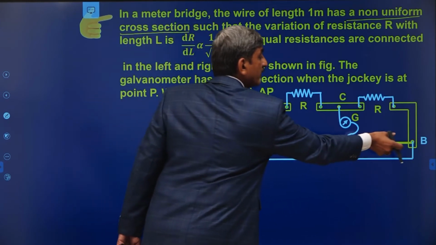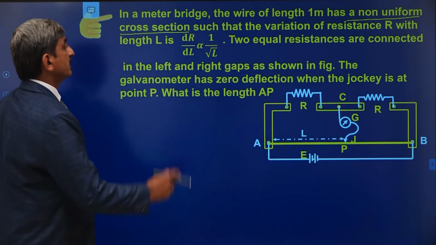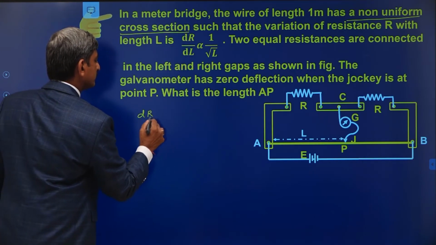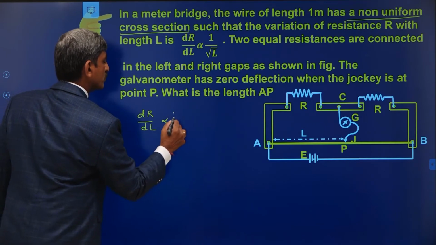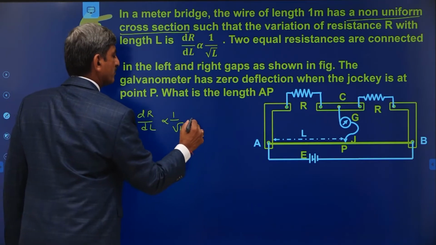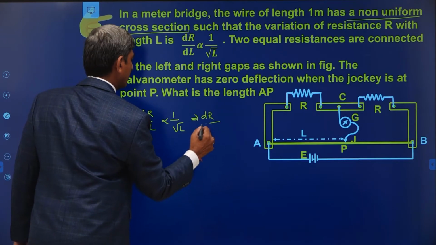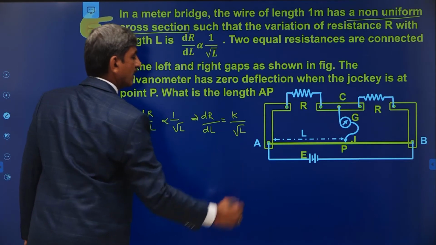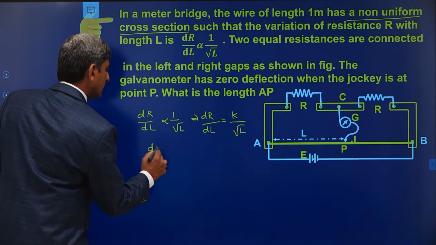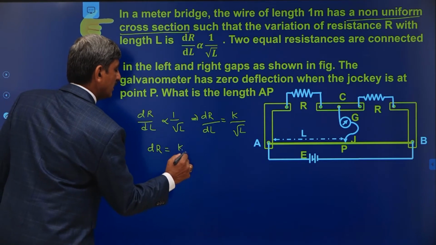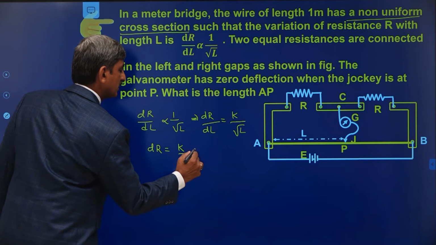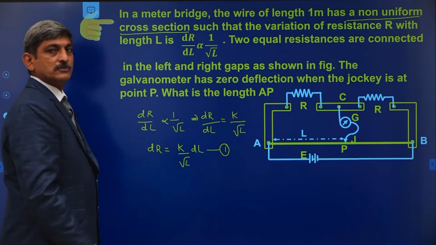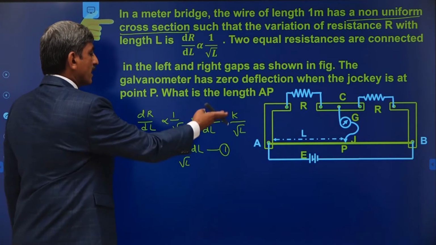This meter bridge wire has a non-uniform cross section, and the resistance of that wire varies according to the formula dR by dL proportional to 1 by root L. From this we can write dR by dL is equal to some constant k divided by root L. From this, dR is given by k by root L dL. Now, the resistance of the wire is changing according to the given formula.